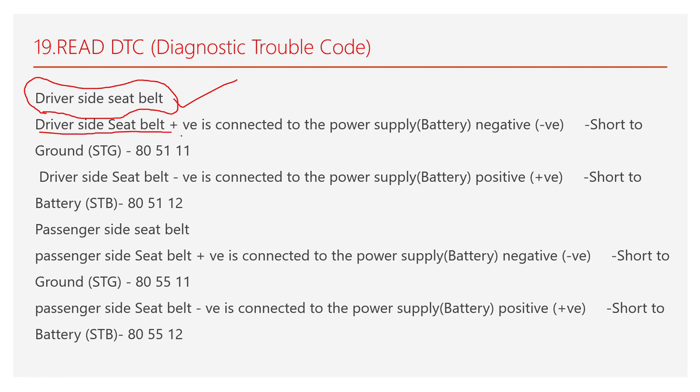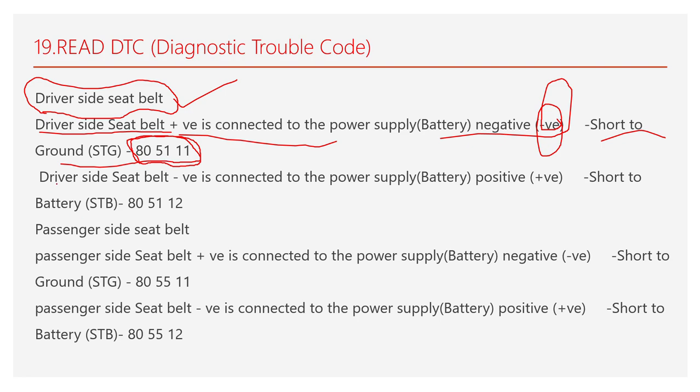The seat belt wire positive, I connect to the power supply battery negative. When I connect it to negative, a short to ground will occur. This is the DTC I am giving, so it will occur as a short to ground.